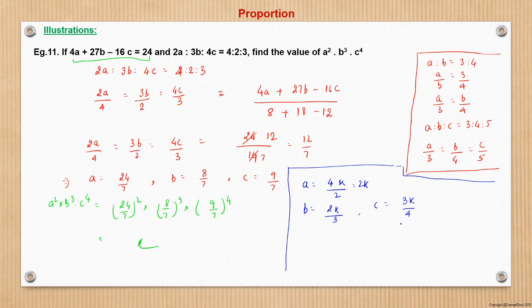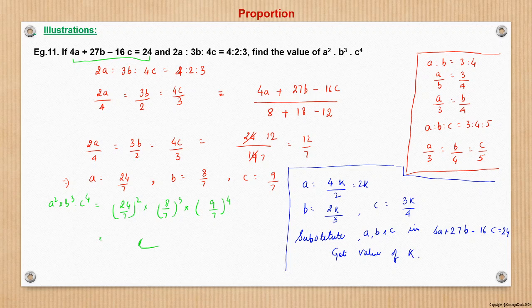Now we could have put this value of a, b, c in this equation, substituting a, b and c in 4a plus 27b minus 16c is equal to 24. This equation will give us the value of k, right?